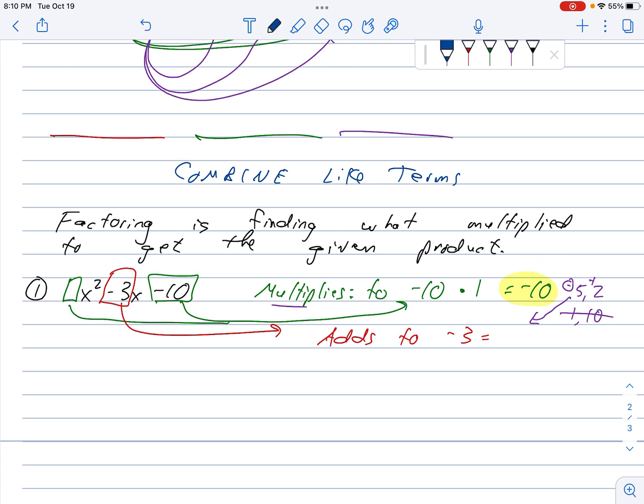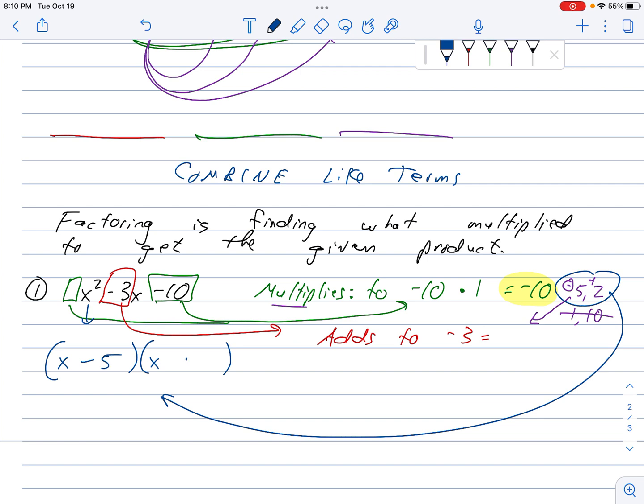Yes, it will. So that means I'm going to write 2 sets of parentheses. My x squared is going to go to x and x. And then I write these two numbers right here, negative 5 and positive 2. And these are two factors, two things that are multiplying.